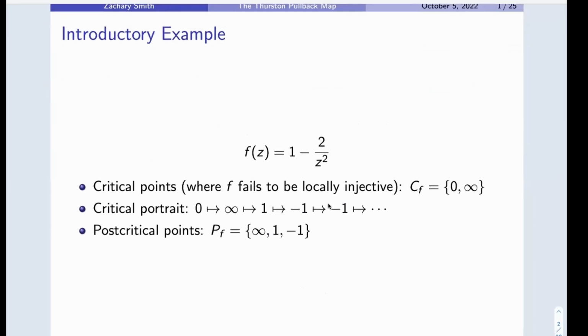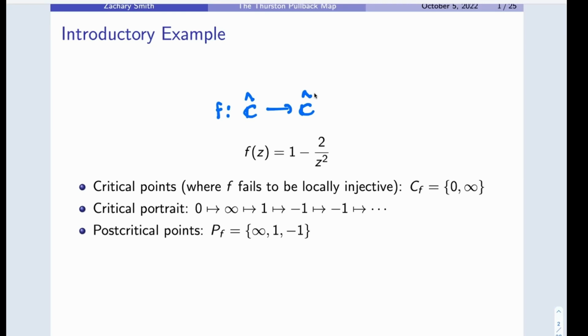We could consider this rational map, f of z is equal to 1 minus 2 over z squared, as a map from the Riemann sphere to itself. And we can ask dynamical questions about this map. One thing that we can do to study the dynamics is to understand where this map sends critical points.